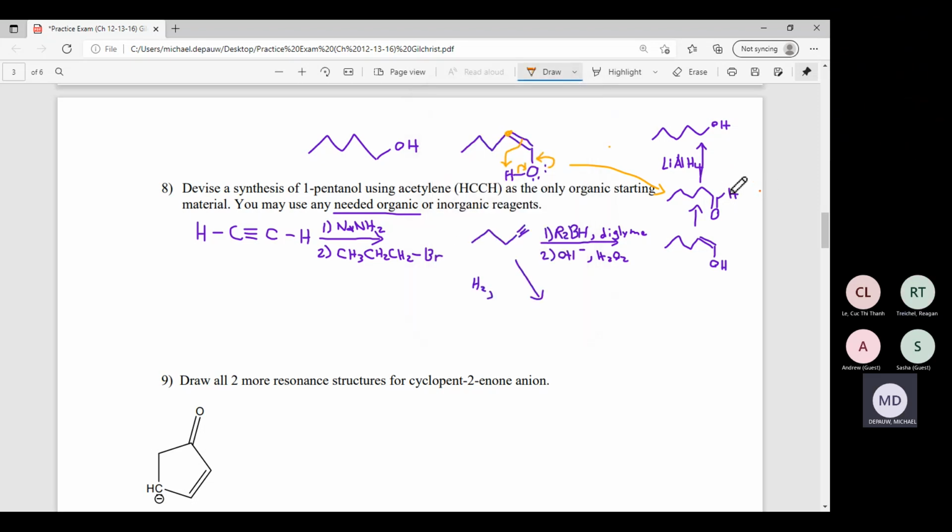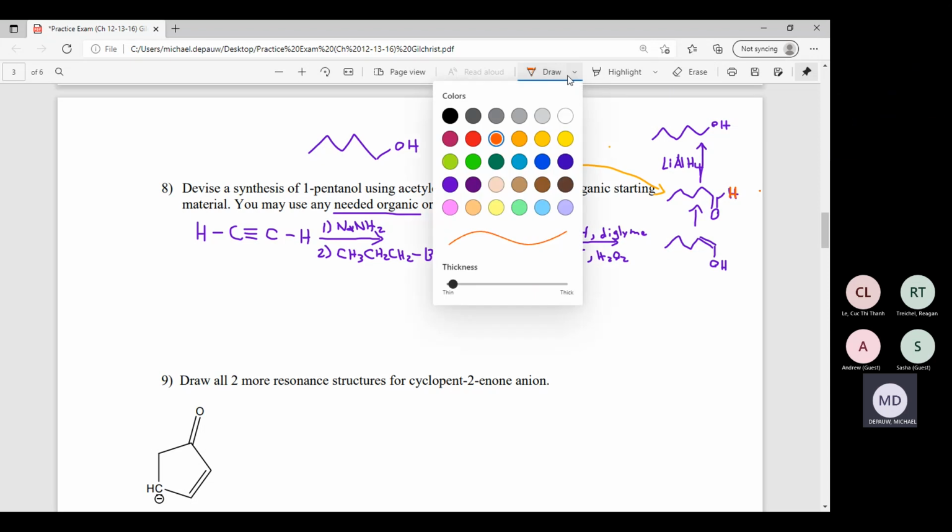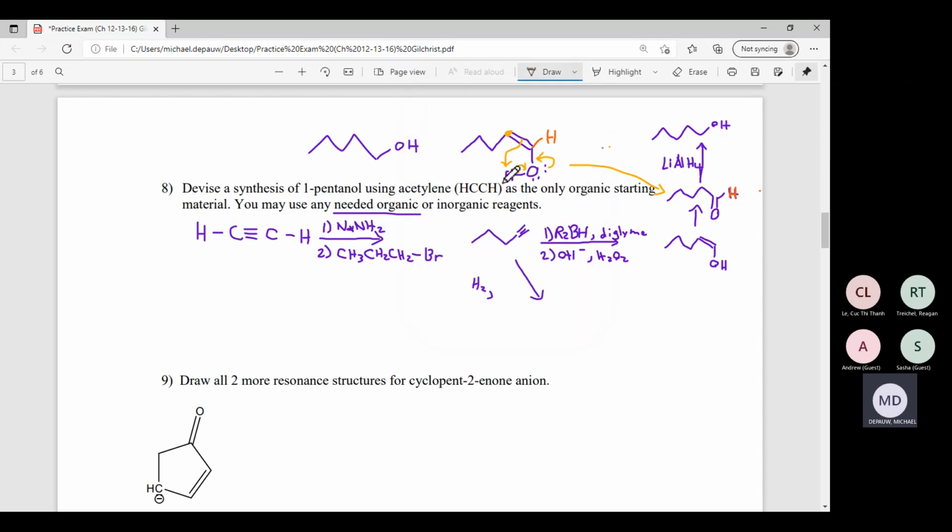For clarity's sake, I'm going to change the color of this. This orange hydrogen is not shown. It's actually this one. So that orange hydrogen is that orange hydrogen. Let's say this is a gray hydrogen here.